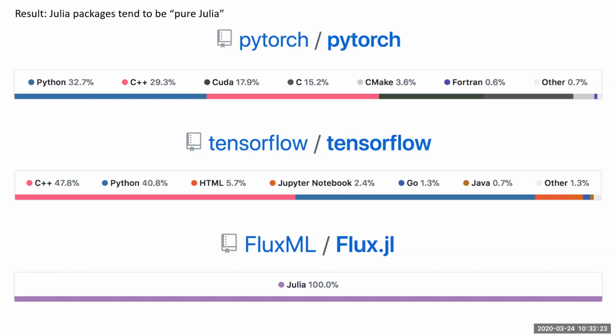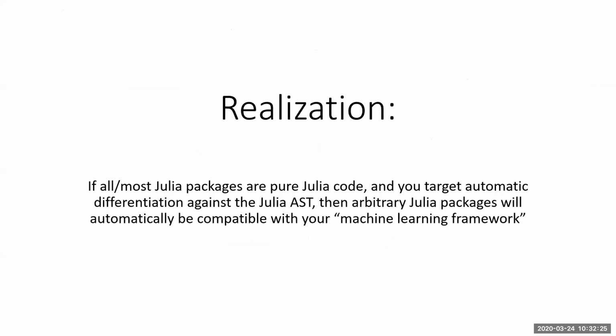And the interesting thing here is that if all or most of our packages are pure Julia code, you don't need to target an ML sub-framework, some sub-language, to do automatic differentiation on to be able to generate code and work with. What you can do is target the actual Julia AST itself, and then arbitrary Julia packages will be compatible with whatever you're calling machine learning. So there is no sub-language like in TensorFlow.